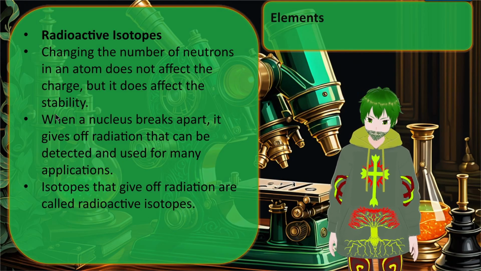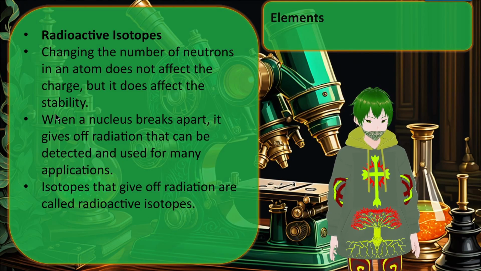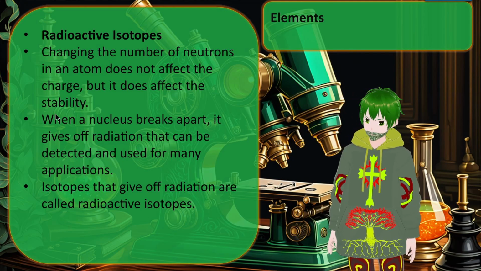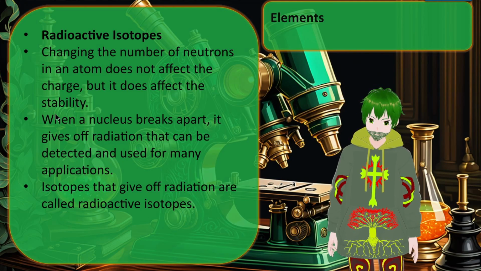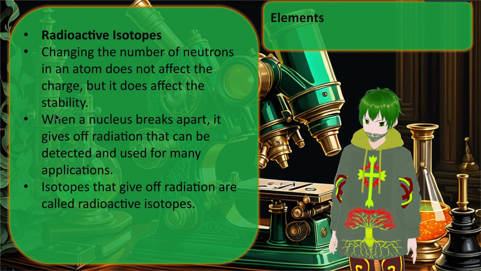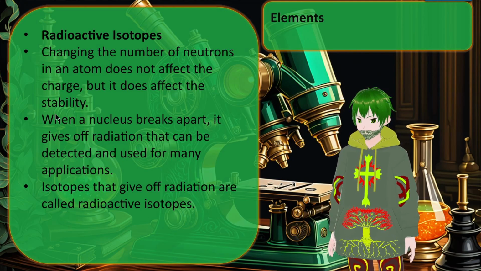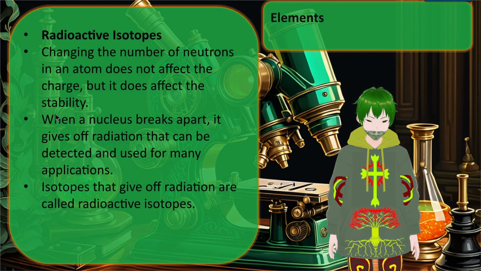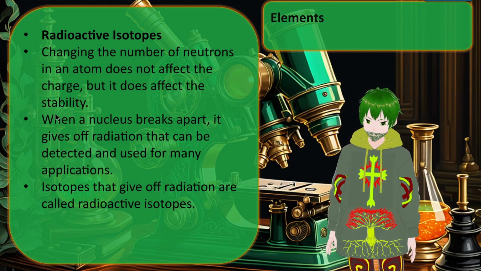And that can be alpha decay, which is emitting 2 protons and 2 neutrons. It can be beta decay, which is converting a neutron to a proton by emitting an electron. Or it can be gamma decay, which emits a really high energy electromagnetic wave called gamma radiation.